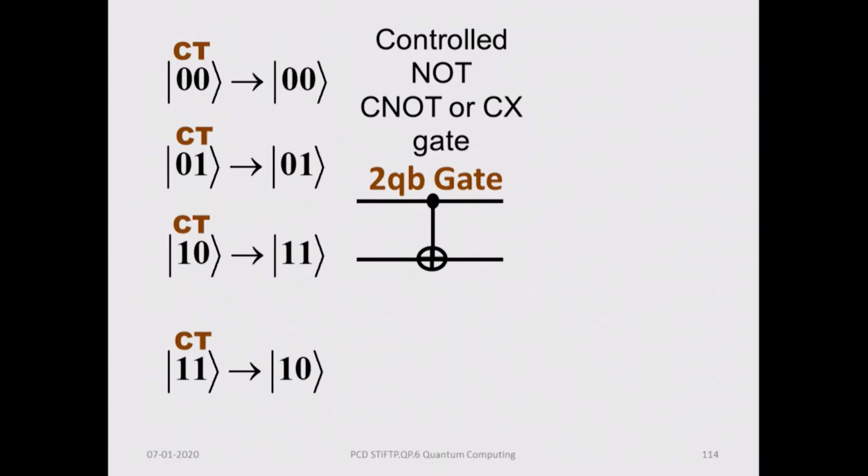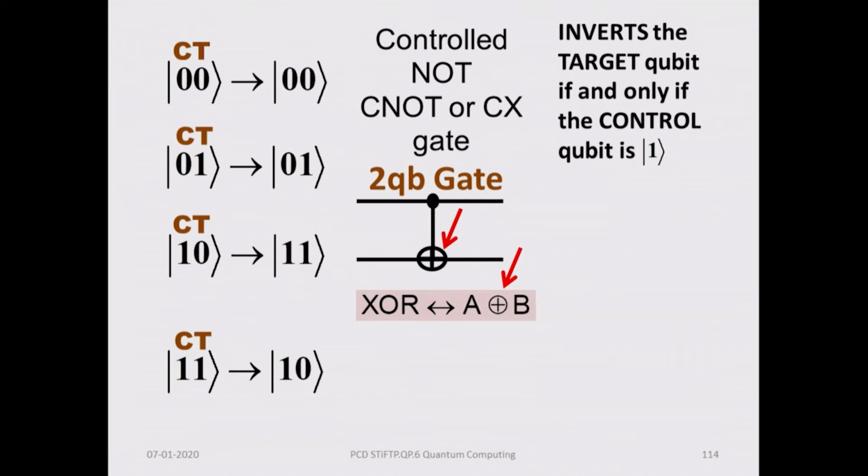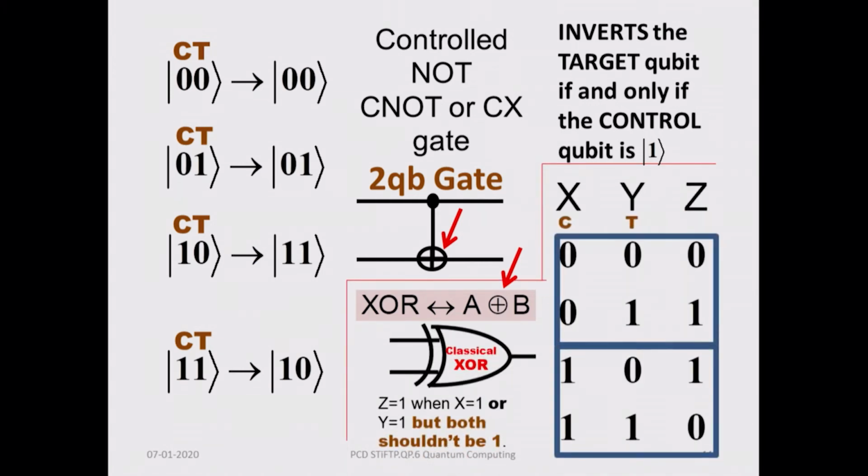Because if you see, the control NOT gate takes 0 0 to 0 0, 0 1 to 0 1, 1 0 to 1 1 and 1 1 to 1 0. This is what we saw in the previous 4 slides. So, this is essentially the truth table of an exclusive OR gate of digital electronics.